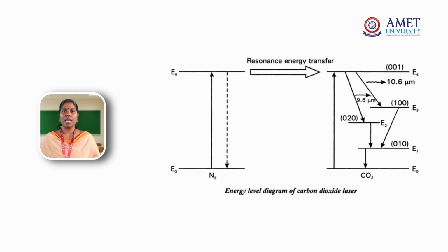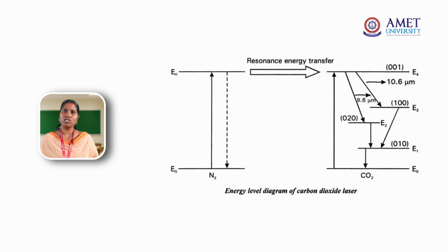The same thing is happening in this energy level diagram. As I said, the electron collides with the nitrogen. The electron has some kinetic energy, so the nitrogen absorbs all its energy from the electron and goes through the transition from ground state to excited state, and it transfers energy through collision to carbon dioxide.